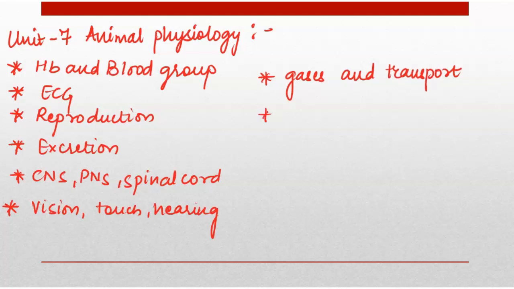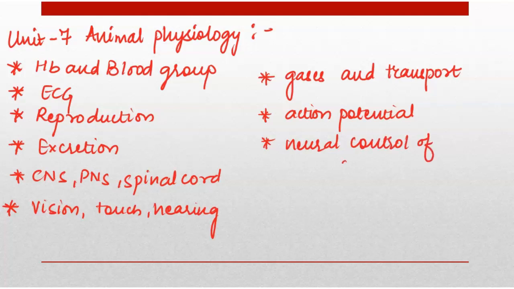Action potential. Neural control of organs. So these are the important topics from unit 7.